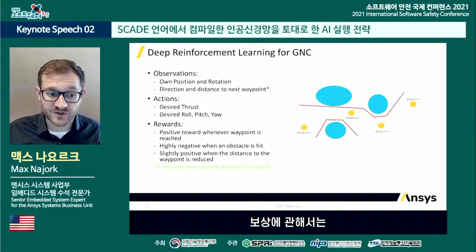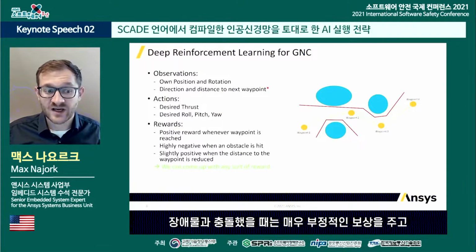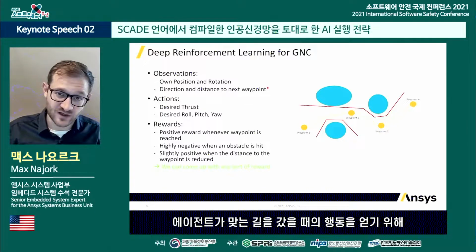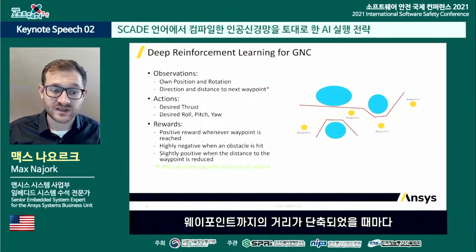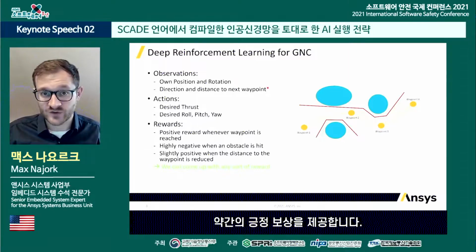In terms of rewards, we give positive incentives whenever a waypoint is reached, and a highly negative reward when an obstacle is hit. And also, in order to get the agent going in the right direction, we give it a slightly positive reward whenever the distance to the waypoint is reduced.